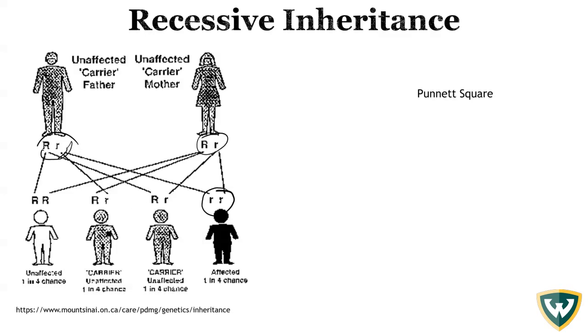And they have basically a 25% chance of having a child that's unaffected and not a carrier, so they don't have any little r. They have a 50% chance of having a child that has at least one little r, so they're considered carriers, but they don't have disease. And then they have a 25% chance of having a child with both little r's, being homozygous recessive and having the disease.